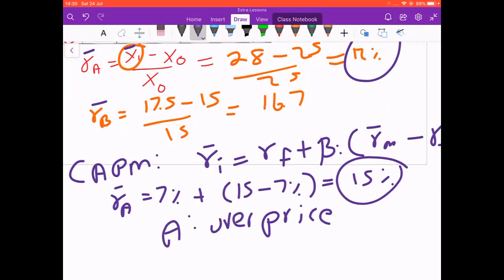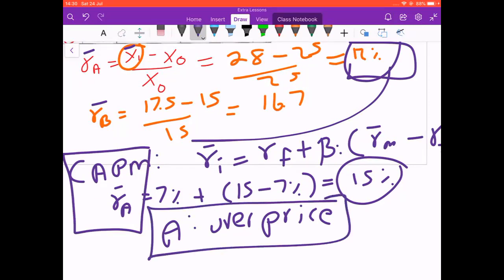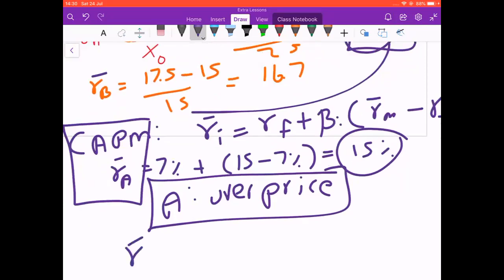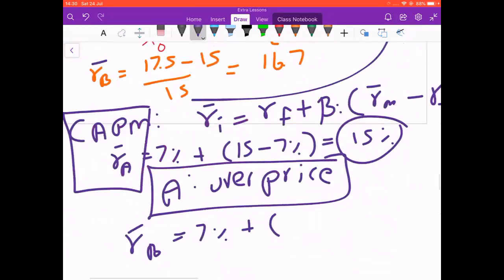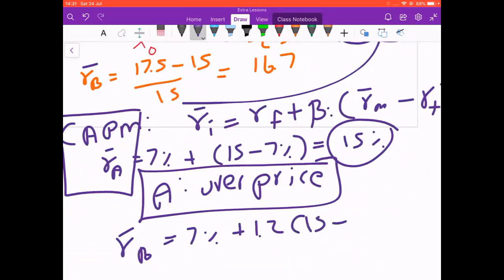If our value from CAPM was lower than this value, then we would say that it is underpriced. Now it's higher, so it is overpriced. We can do the same for B. The risk-free rate is 7% plus beta 1.2 times 15% minus 7%.